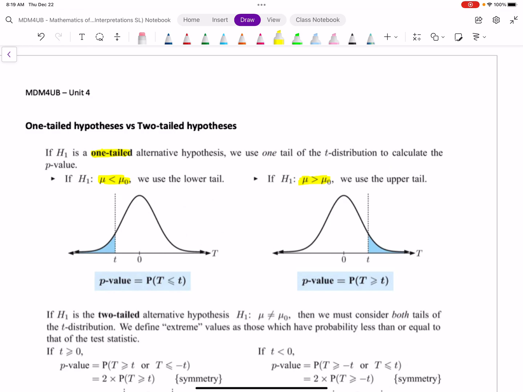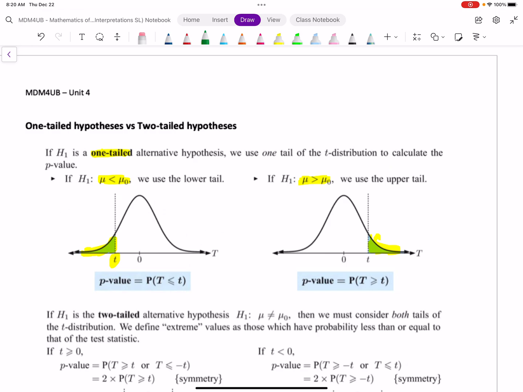You won't be tested on that kind of knowledge, but in stats at university, they will talk about one-tailed and two-tailed. What it just means is that here is the distribution of the t-value, which is a normal distribution. If it's one-tailed, meaning it's less than the other average, or greater than the other average, it's really just looking at one side of that curve.